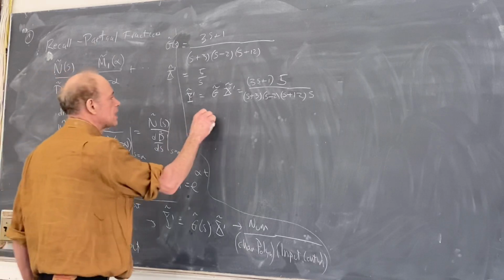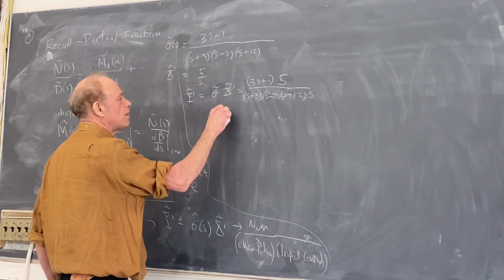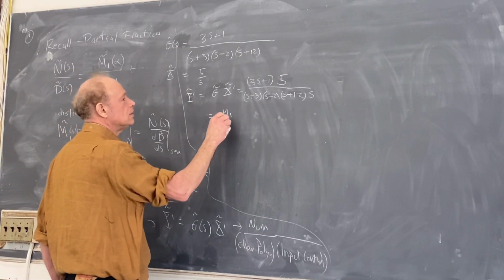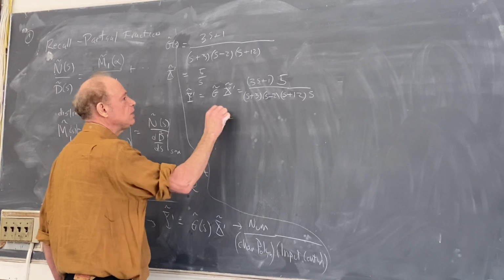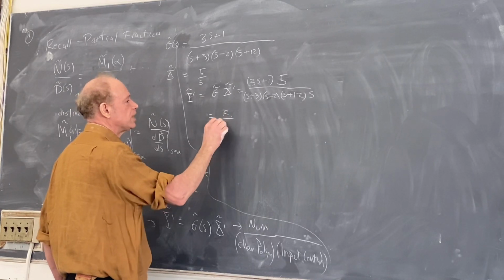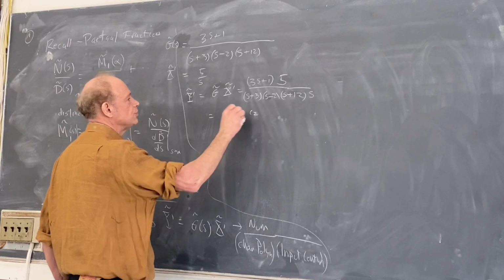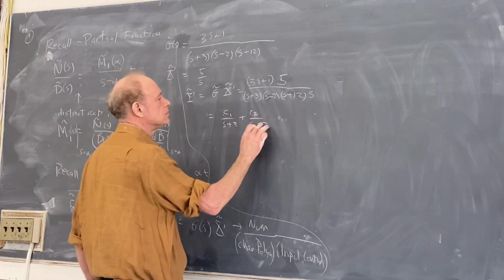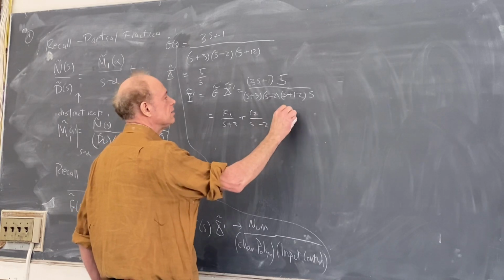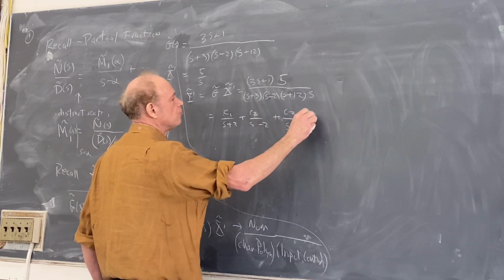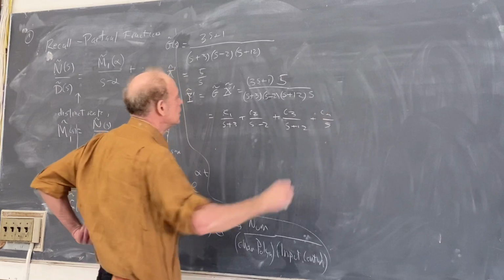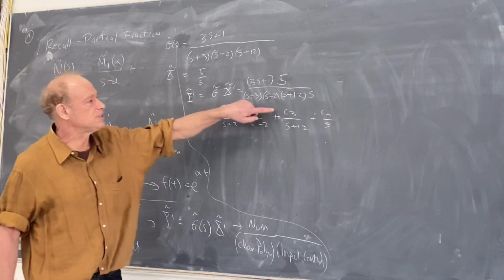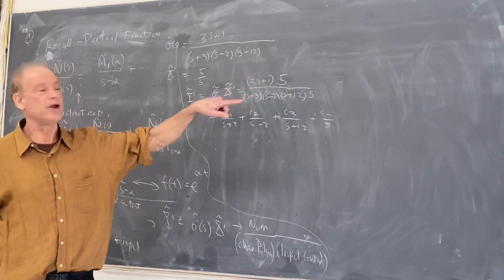I break this up as, say, c1 over s plus 3, plus c2 over s minus 2, plus c3 over s plus 12, plus c4 over s, where the c1, c2, c3, c4 depend on the numerator.